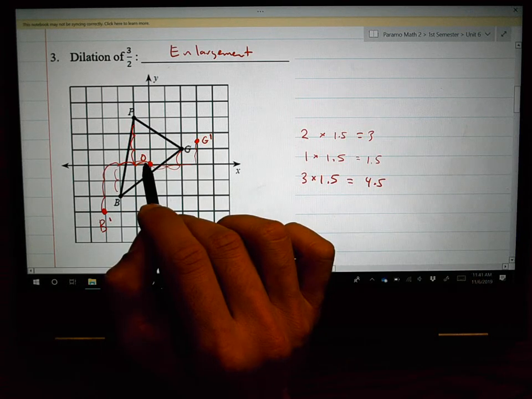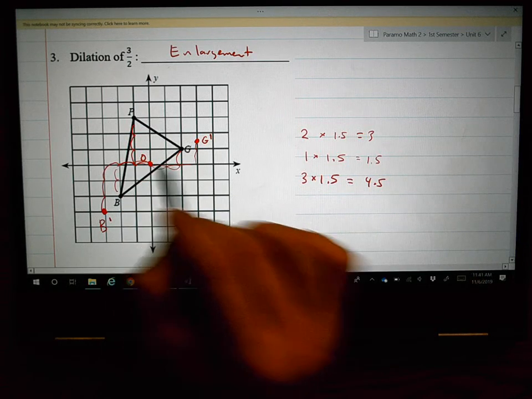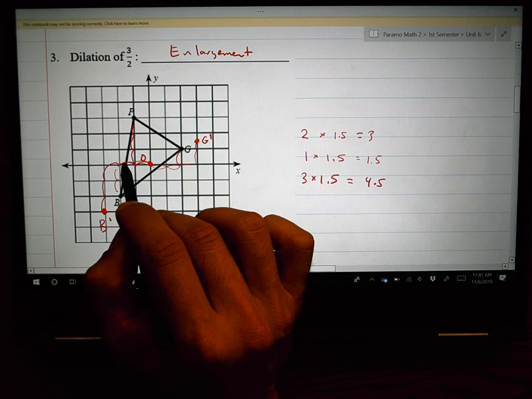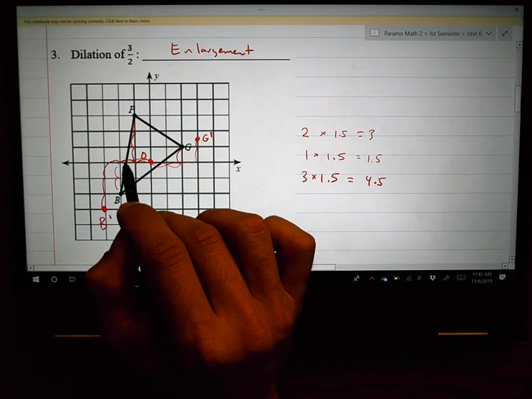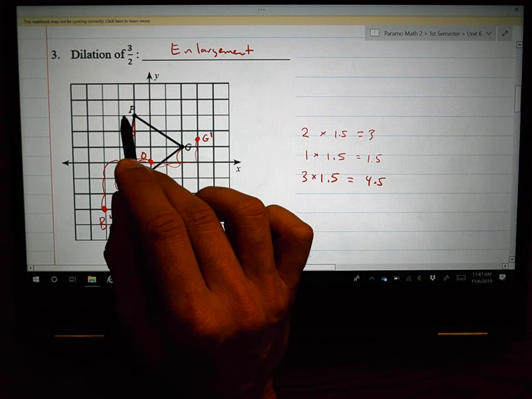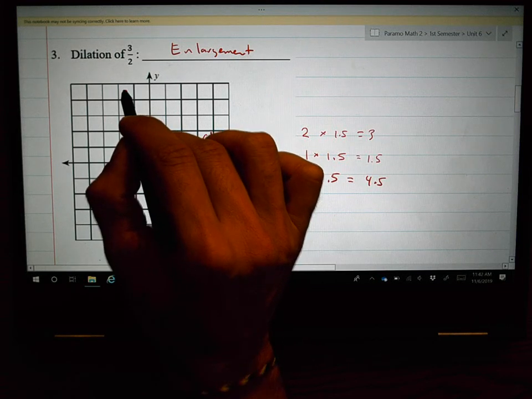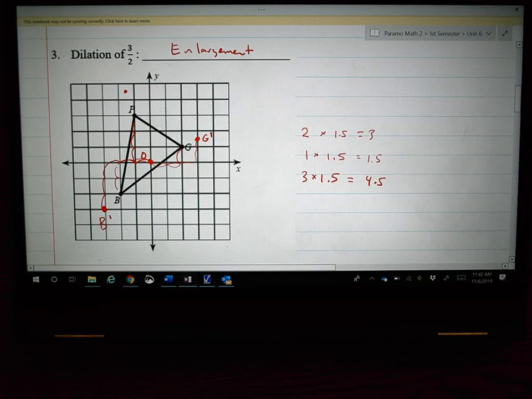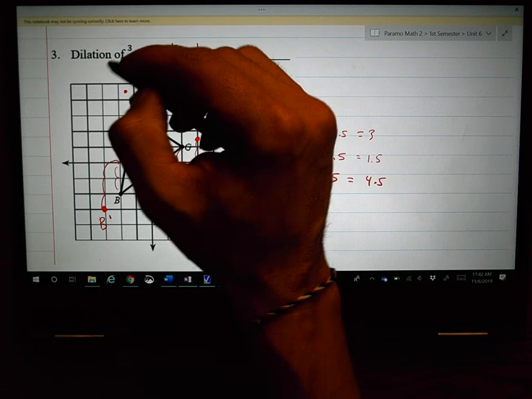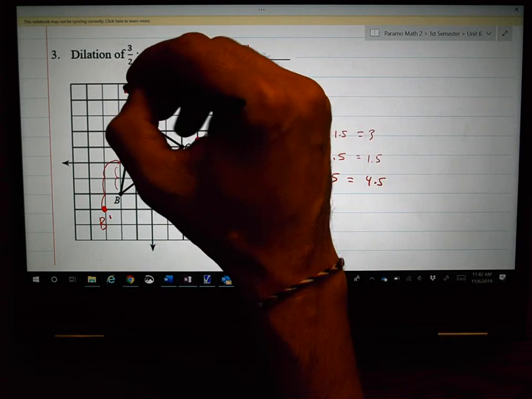Instead of going to the left 1, I'm going to go to the left 1.5. And instead of going up 3, I'm going up 4.5. 1, 2, 3, 4.5. I know that looks funny. We have a spot right in the middle of a box, but that's where negative 1.5 and positive 4.5 is. That is the point P prime.